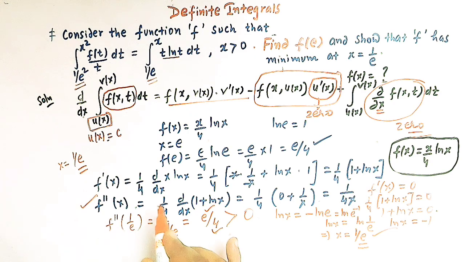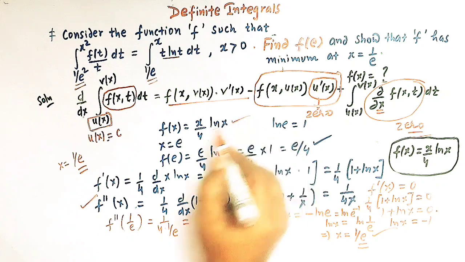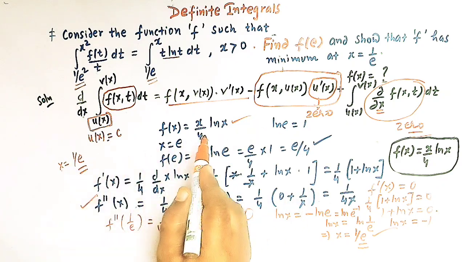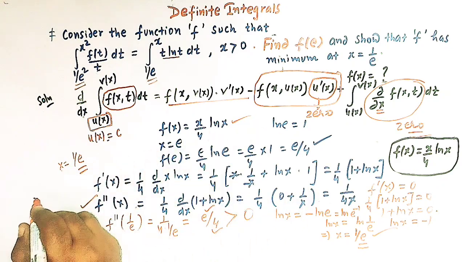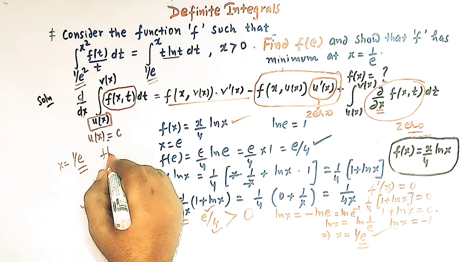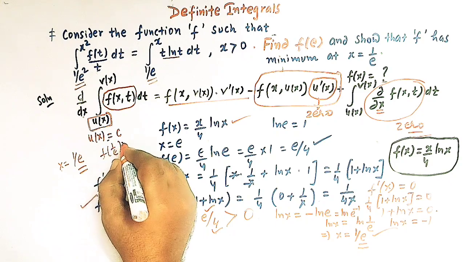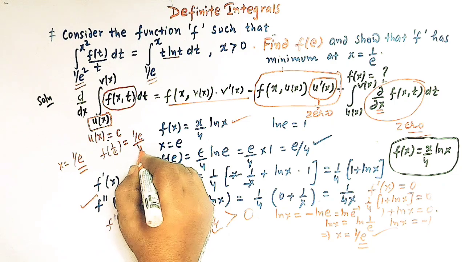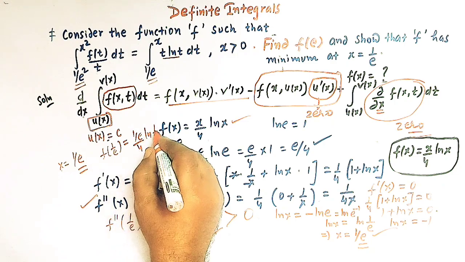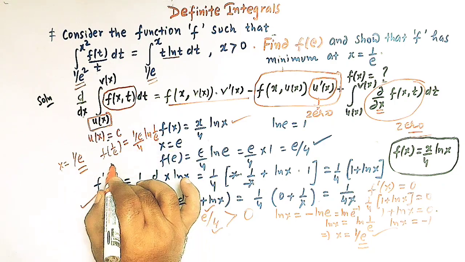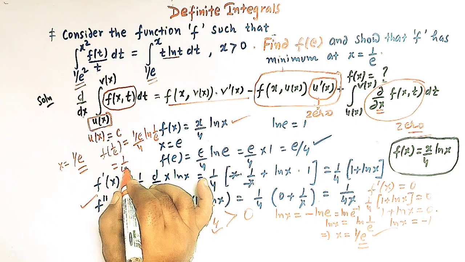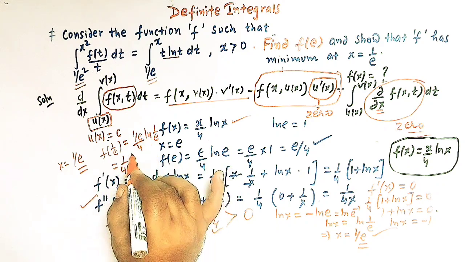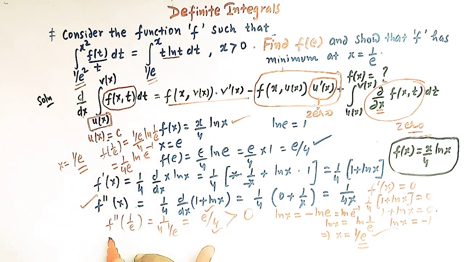and the minimum value of f of x can be obtained by taking x is equal to 1 over e in this relation. So we have f of 1 over e is equal to 1 over e divided by 4, and this is natural log of 1 over e, right? So this is 1 over 4 times e, and this is natural log of e raised to minus 1.